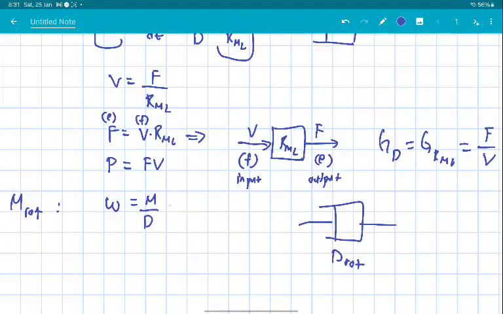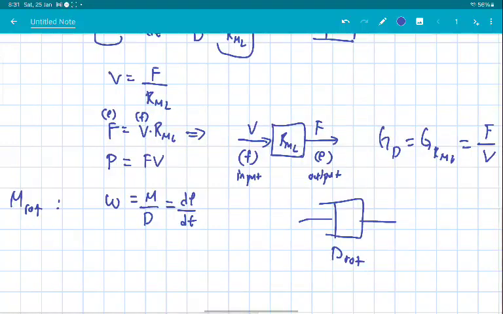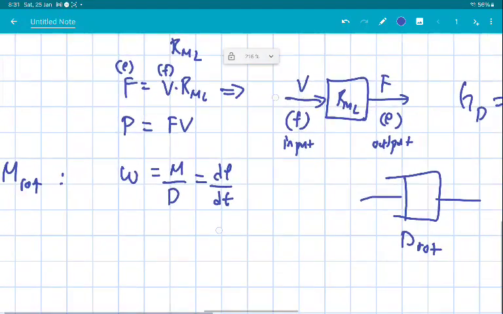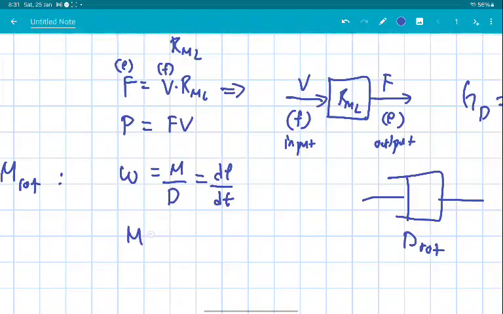And it's also good to know that omega is equal to dφ over dt. So basically it's the angle, the rate of change of the angle over time. And from this, we can say that M is equal to omega times D. We also know that P is equal to M times omega.